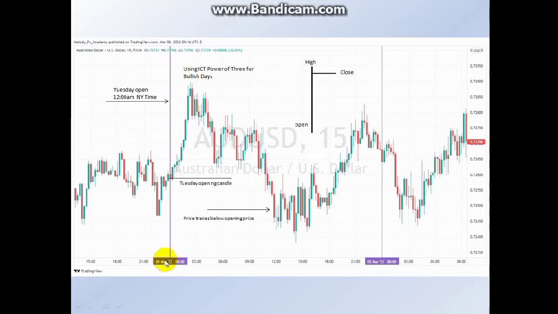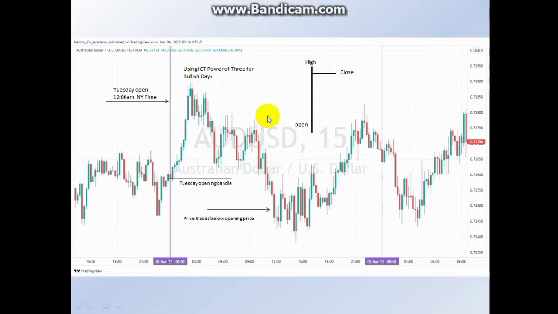We pull up our chart, we delineated 12 o'clock midnight, and price has just opened on a Tuesday, and we are expecting bullishness. So what we want to do is be buyers for the day. Our bias is bullish, and we are looking for buy signals, for buy entries only.